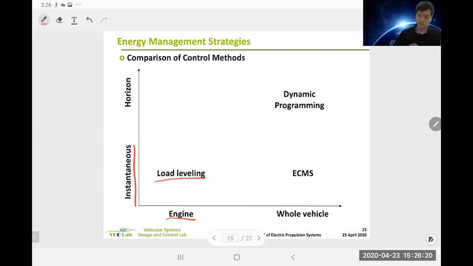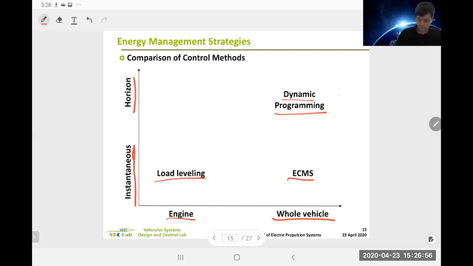At certain speed, certain power demands, we want to optimize the engine. And there are vehicle level, system level optimization approaches, which are ECMS and dynamic programming. ECMS is an instantaneous approach. Dynamic programming is a horizon optimization approach.